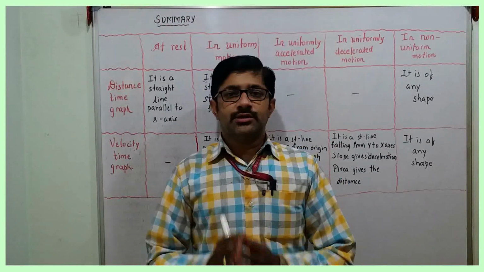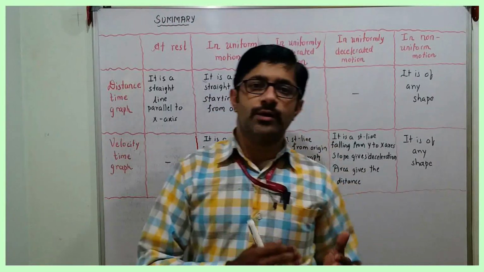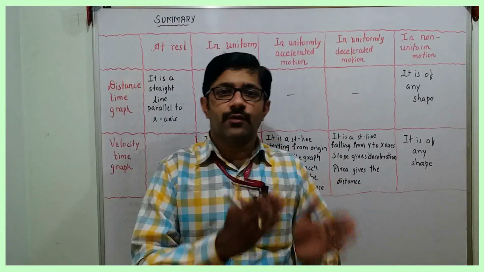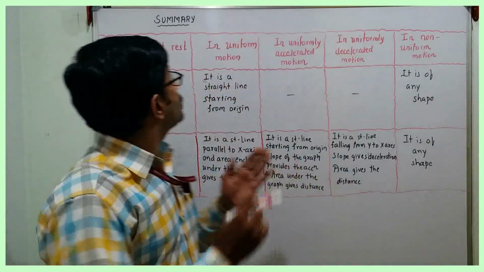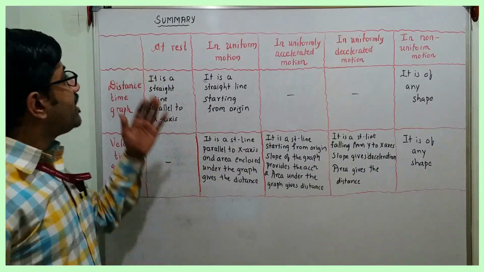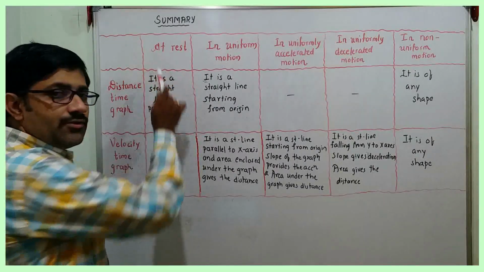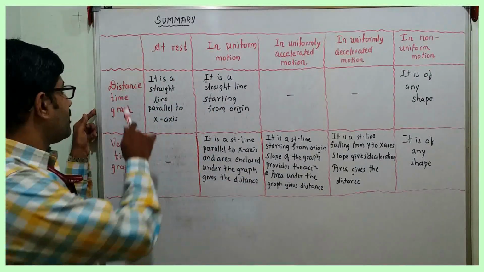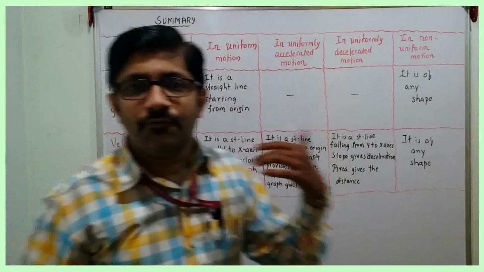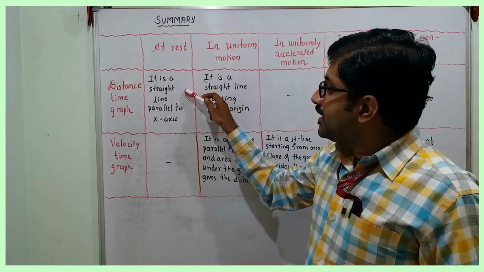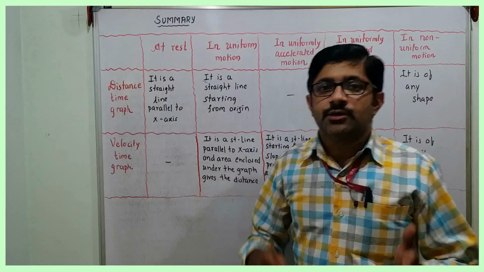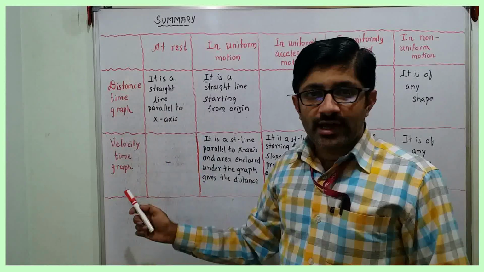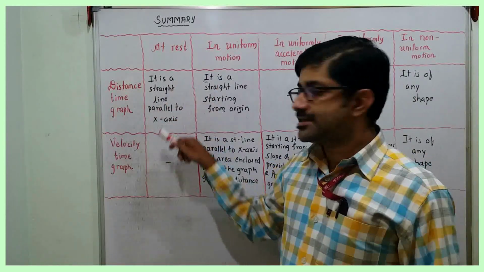Okay, dear students, let us summarize what we studied up to the distance time graph as well as the velocity time graph. So the summary: when the object is at rest, the distance time graph is a straight line which is parallel to the x-axis.